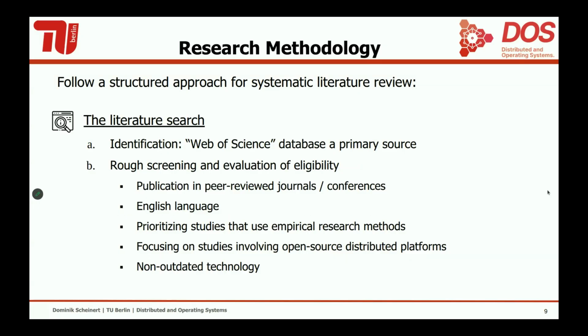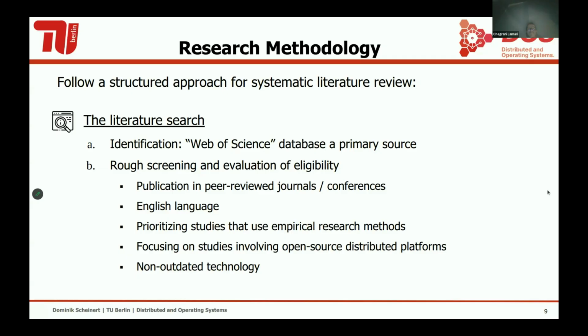And then after that, we went through a rough screening and evaluation of eligibility. We only selected publications from peer-reviewed journals and conferences, of course, so that there is a certain quality standard, and in English so that it's accessible for most people. We especially prioritized studies that used empirical research methods because we were interested in actual results and measurable outcomes.